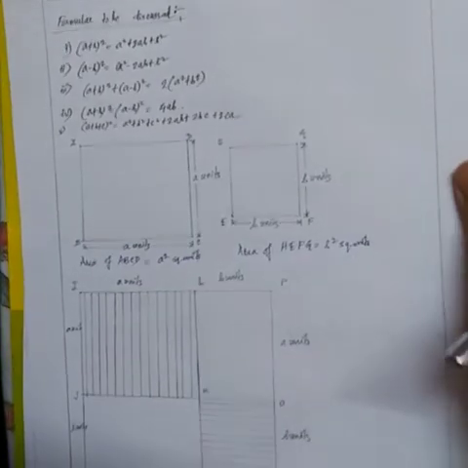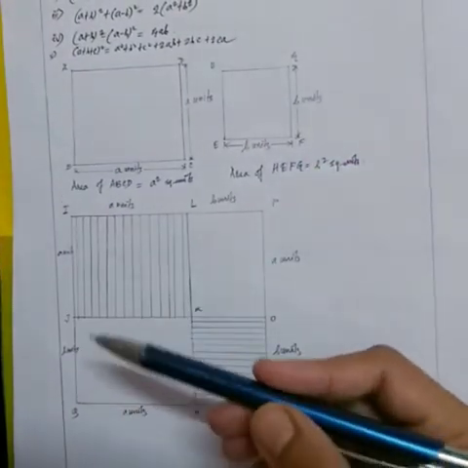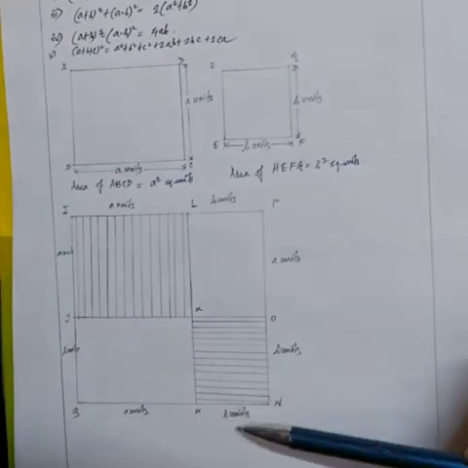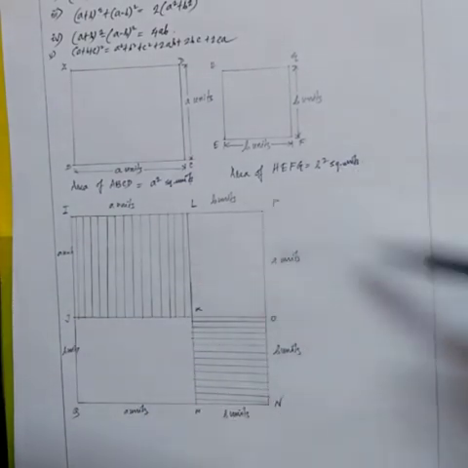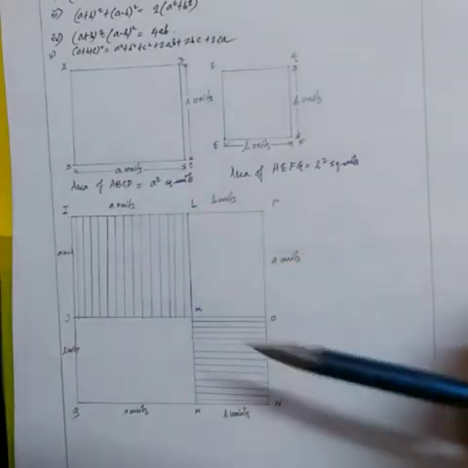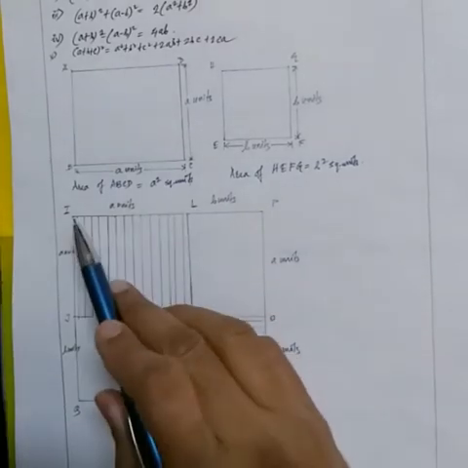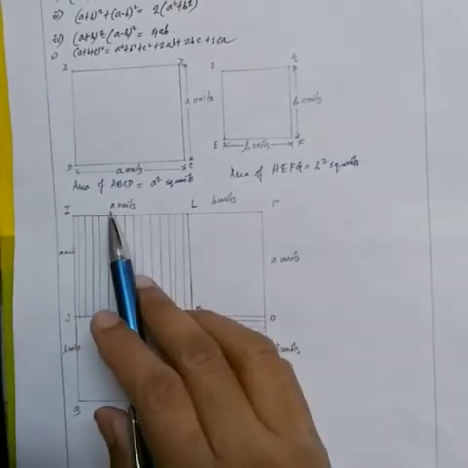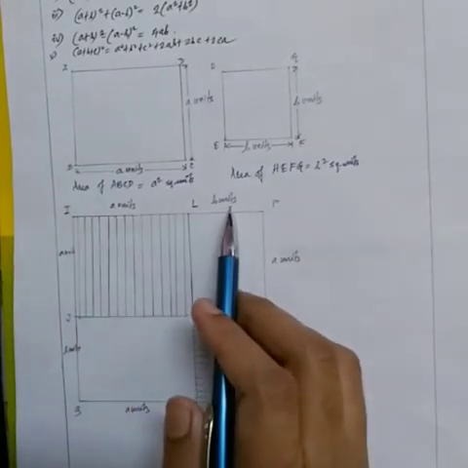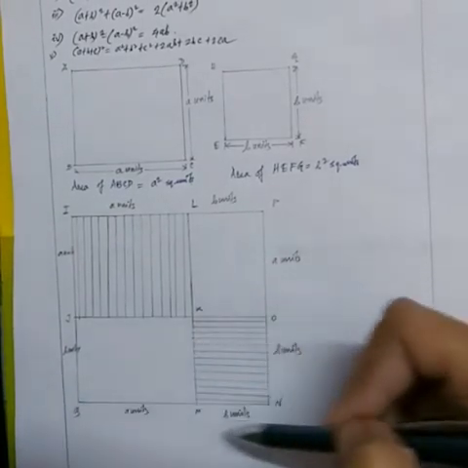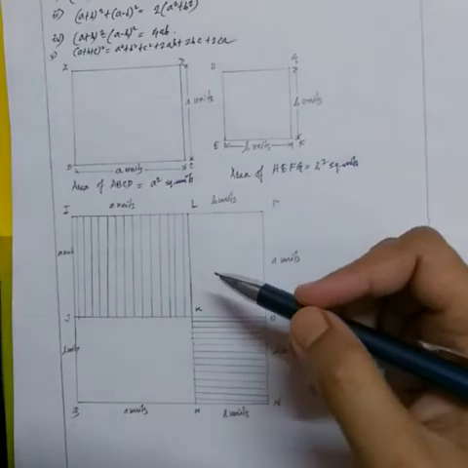Now let us have a look at the third square which I have drawn. You can see this is a big square, IJQMNOPL, or you can simply write IQNP. For this square you can see this side IP measures a units plus b units, that is a plus b units. Similarly, this side measures a plus b units, and all the sides are of the same length.